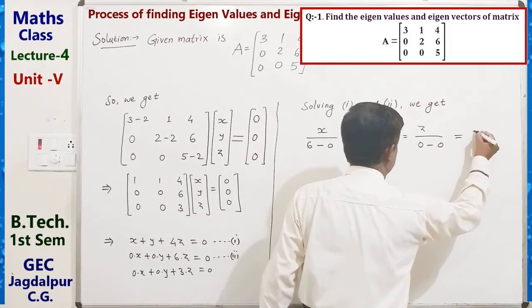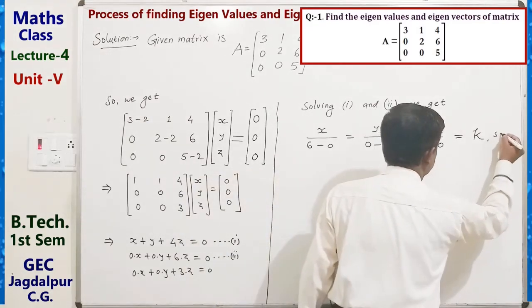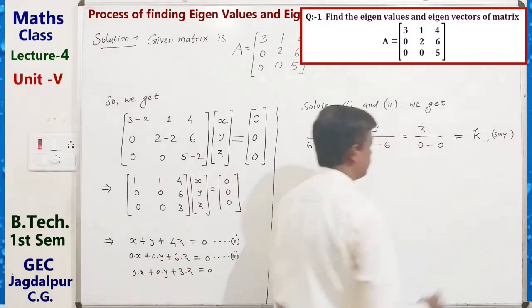Suppose this value equals k, so these three are equal to k.